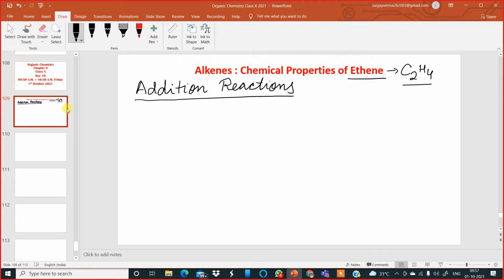Now, under the addition reaction, there are different categories. The first addition reaction which I would like to discuss is called catalytic hydrogenation. It means addition of hydrogen in the presence of a catalyst.